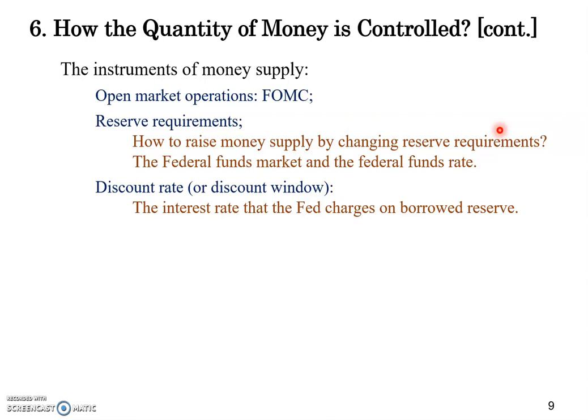Because this is not supposed to be provided to households or private businesses. It's provided to the commercial banks, right? So if the Federal Reserve wants to raise the money supply, they're going to lower the discount rate. Once they lower the rate, Bank of America finds that it's pretty cheap to borrow directly from the Fed.